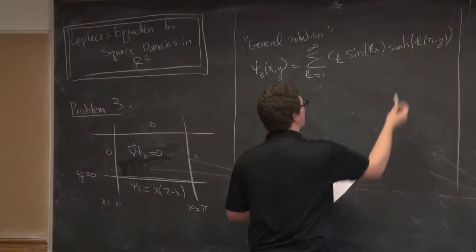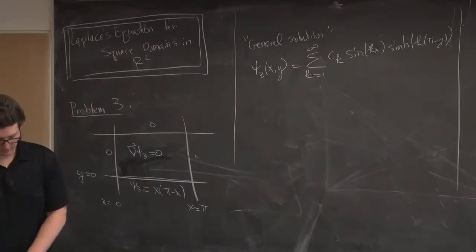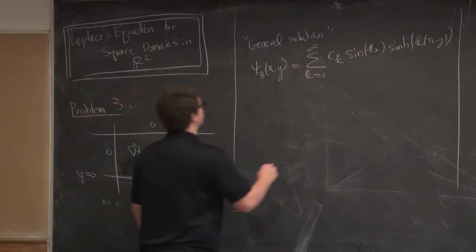We set y tilde equal to pi minus y, and that allowed us to transform the equation. So we just need to get the boundary conditions.